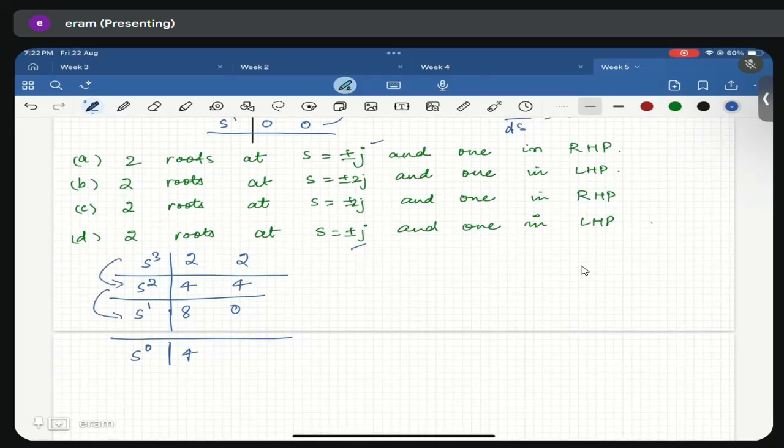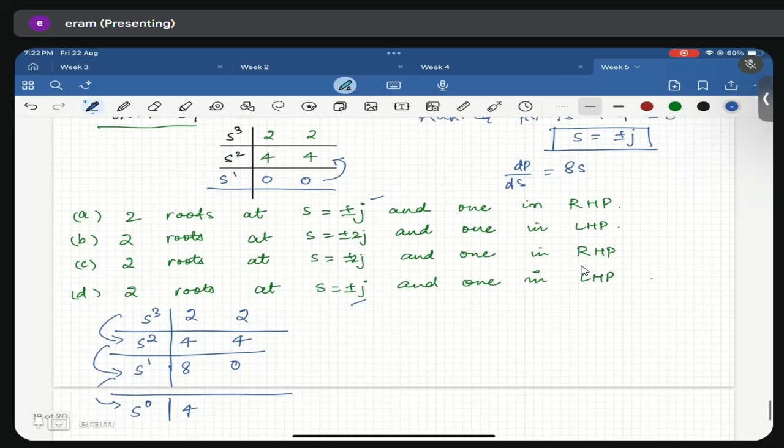And we can see here there are no sign changes. It means that there are no poles in the RHP. So the other pole must be in the LHP. Therefore option D is correct.